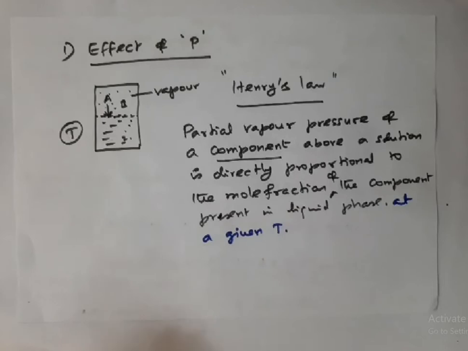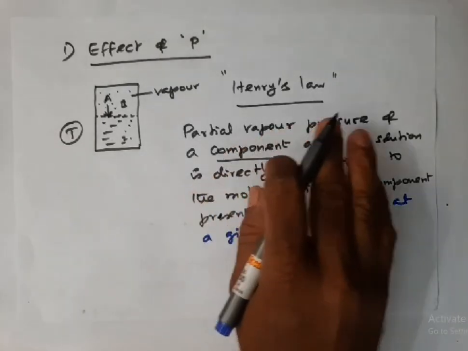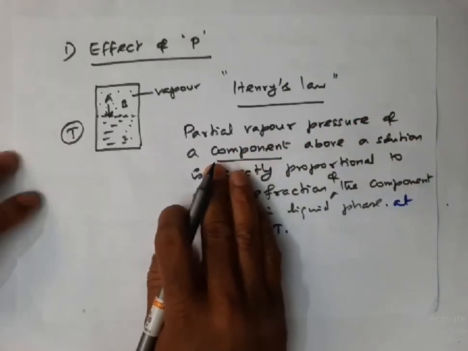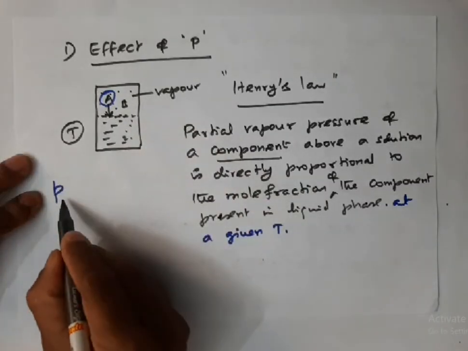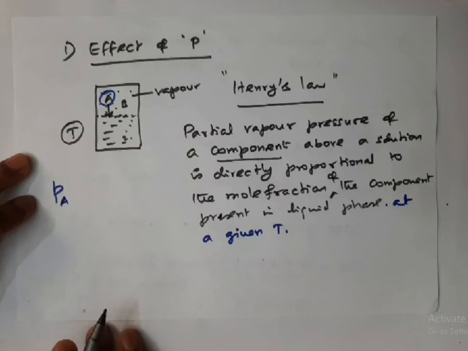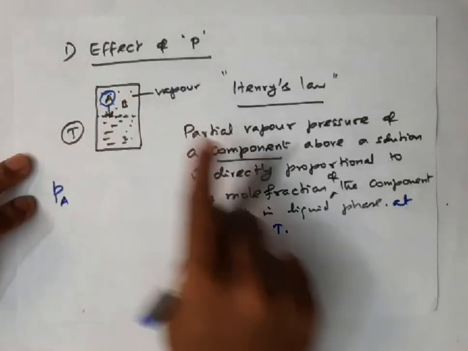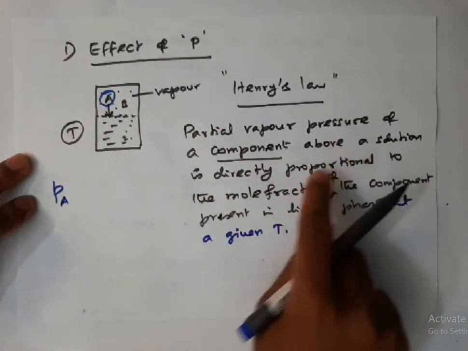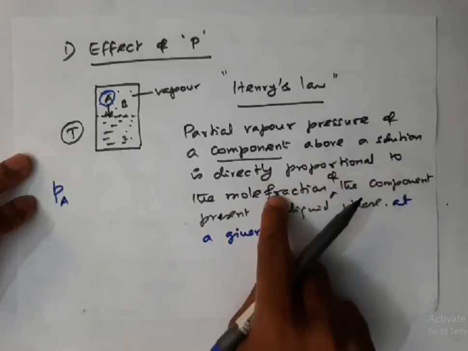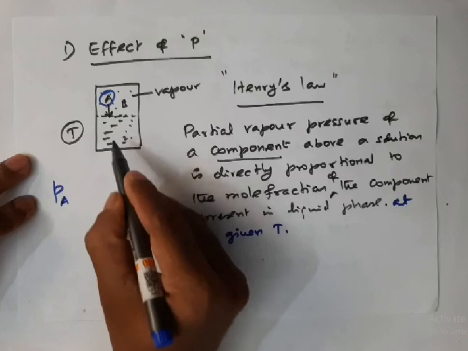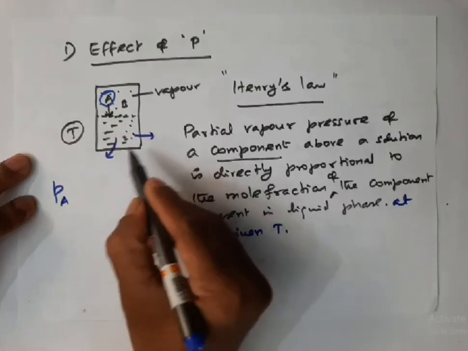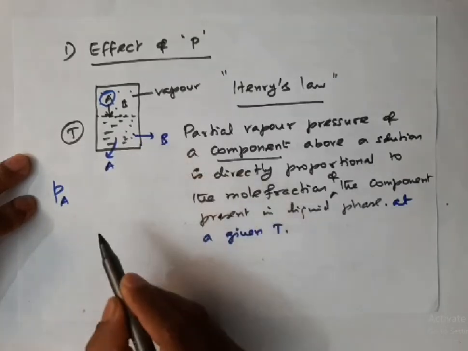Students, observe this carefully. Say, for example, I take the component A. Partial vapor pressure of component A present above the solution is directly proportional to the mole fraction of the component. In the solution or liquid phase also I have molecules A and B, right?